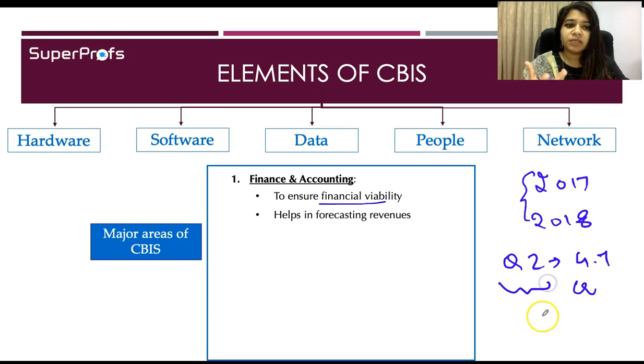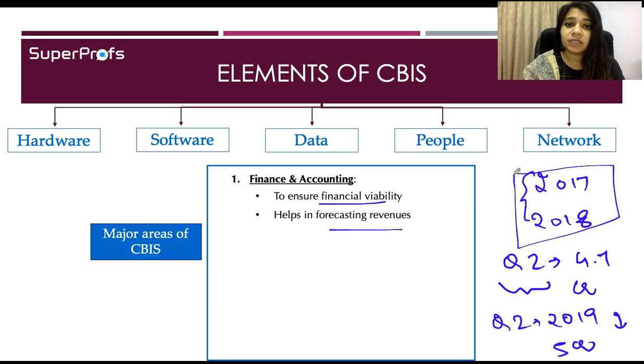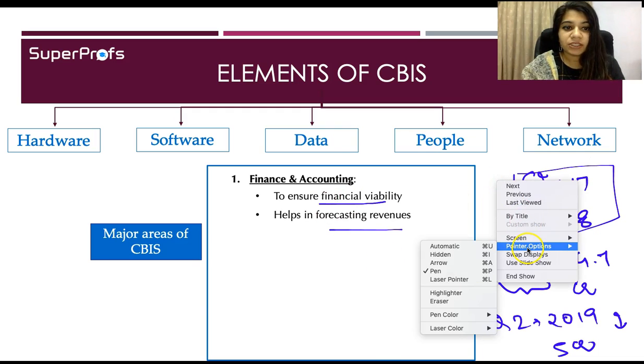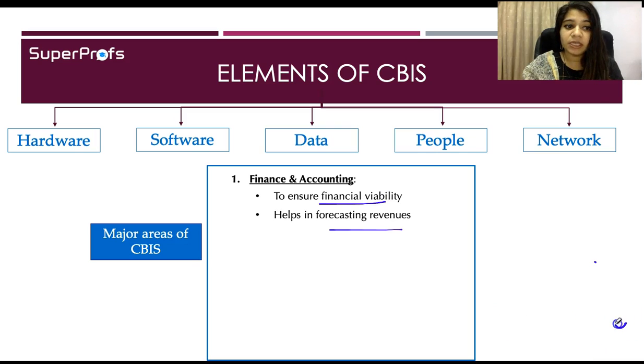So we are assuming that quarter 2 of 2019, because we are doing something better, will also generate 5 crores. Basically, you'll be able to forecast revenues based on previous year's data. So in this case, we looked at the previous year's data, already the sales figures. So therefore, for finance and accounting teams, the CBIS will be used for ensuring financial viability and forecasting revenues.